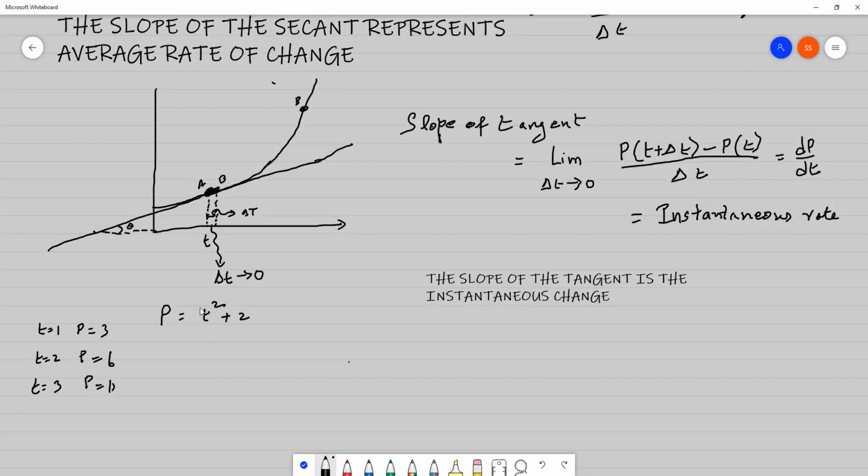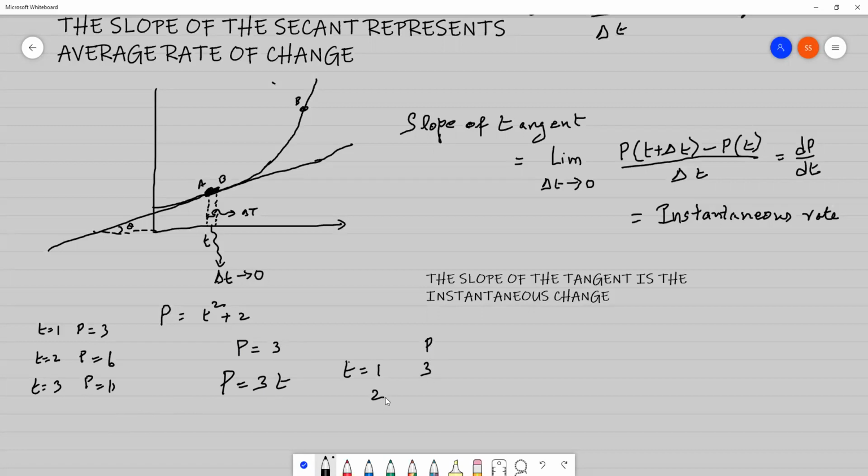This function can be anything. It can be p equal to t squared plus 2, or maybe p equal to 3. If p is equal to 3, the price is 3, a constant price. It doesn't change with respect to time because time is not in it. If p is equal to 3t, then on the first day, t equal to 1, the price is 3.